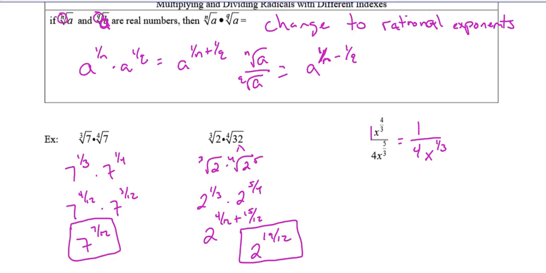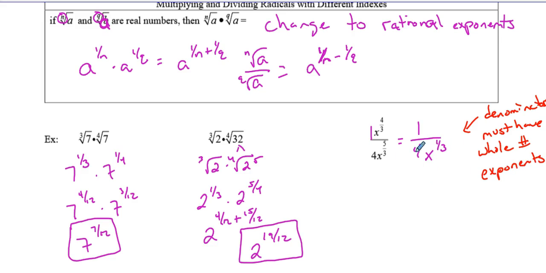Now there's a problem with that, because that fractional exponent is in the denominator, and denominators must have whole number powers, exponents.